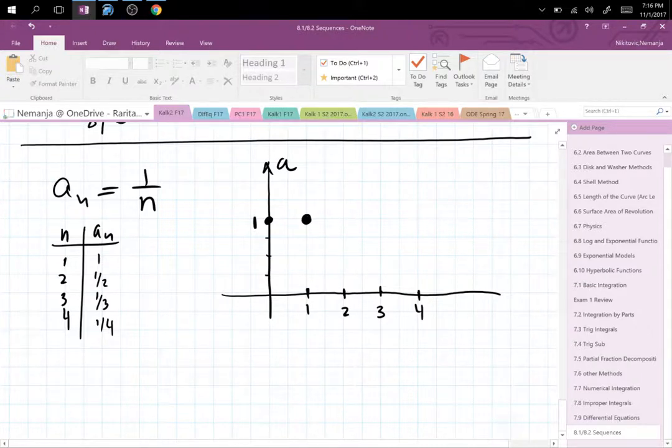I have 2 and 1/2. I have 3 and 1/3. And 4 and 1/4. Is this where you would take a limit since it goes to infinity? I made a mistake there.